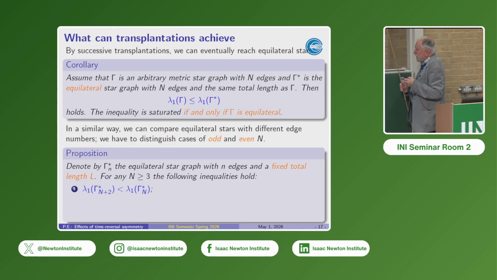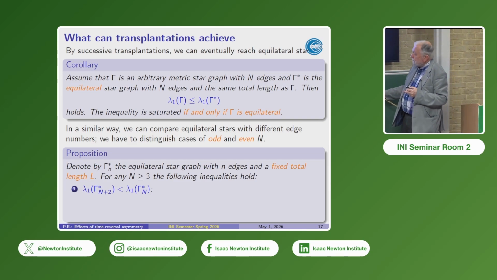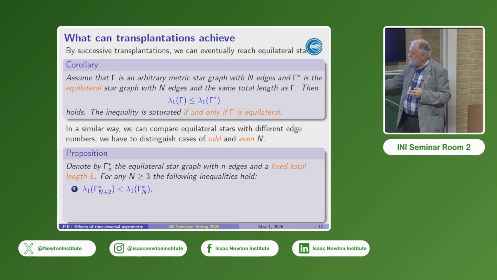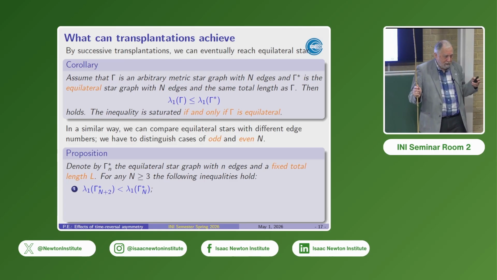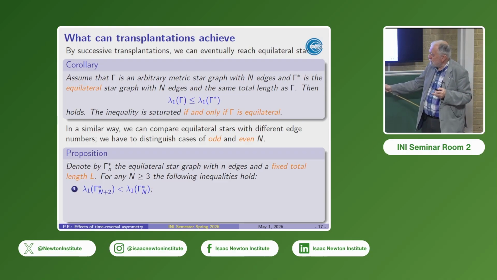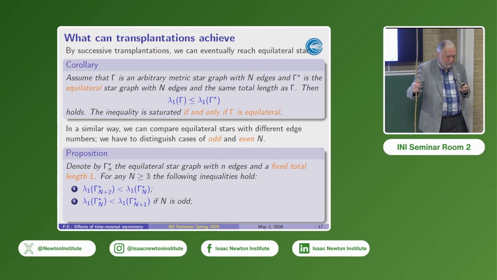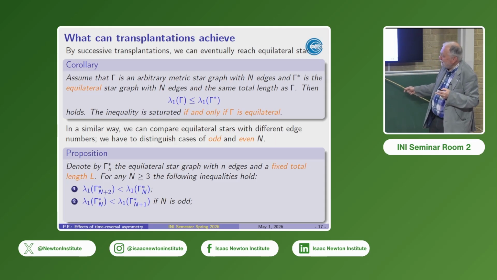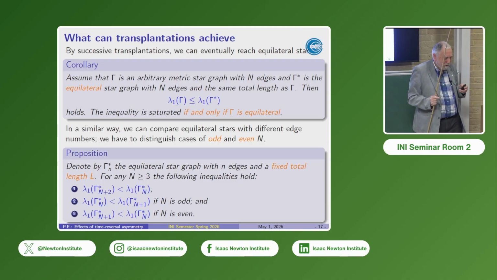So if I conserve the total length and compare equilateral graphs, if this one has two extra edges, you have this inequality between the ground states. If I add just one edge, then I have this inequality if n is odd, and the opposite inequality when n is even.